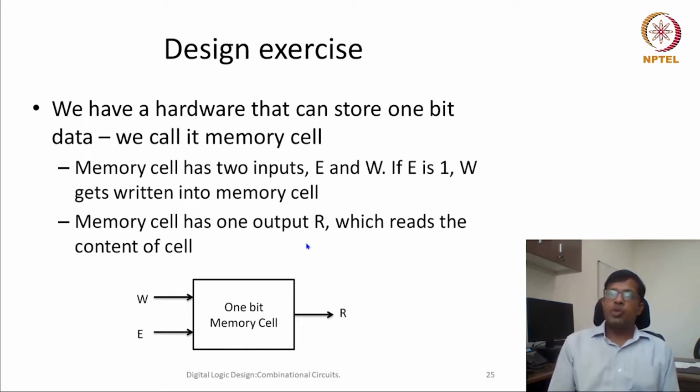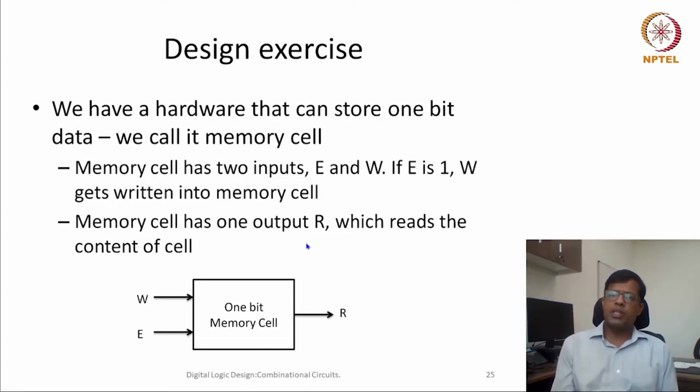We are assuming that we have a special kind of hardware that can store 1 bit of data, and let's call this hardware a memory cell. This memory cell could be an electronic circuit or not. It is saving 1 bit of data, whatever you call memory.